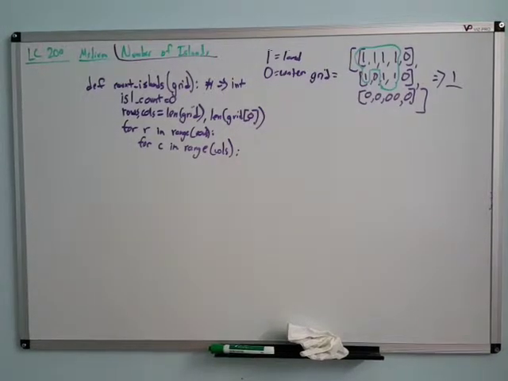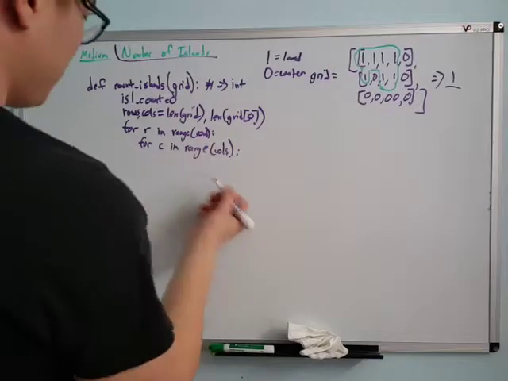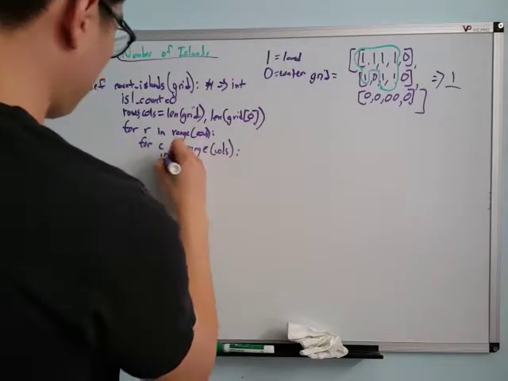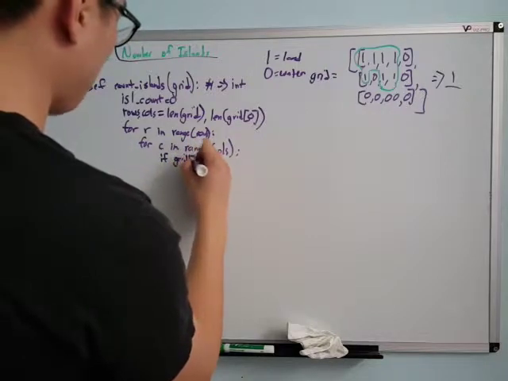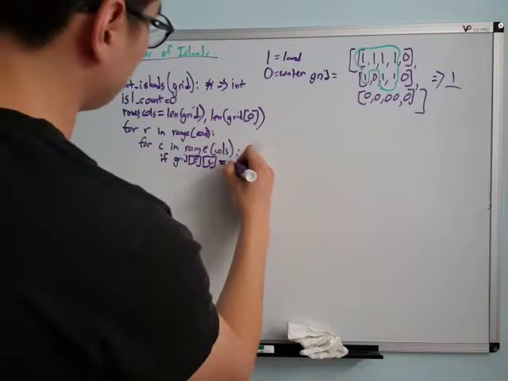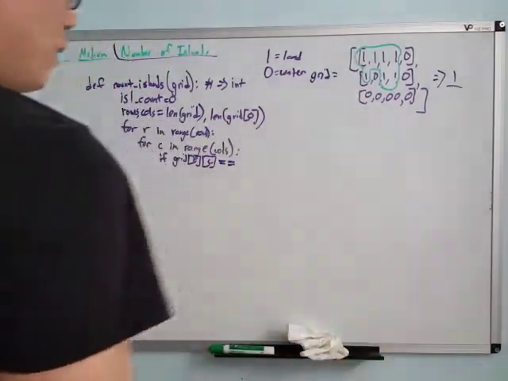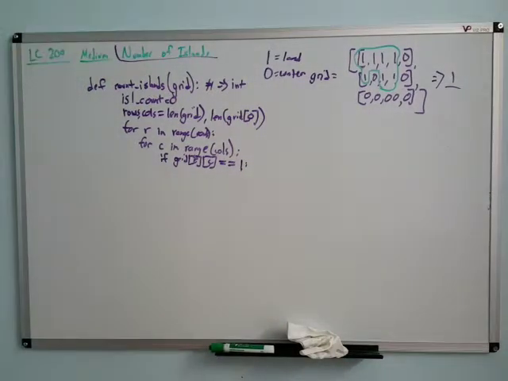What we're doing here is going through each cell and seeing if we find a land value. So if grid r c is equal to 1, it's an integer value, then what do we want to do?